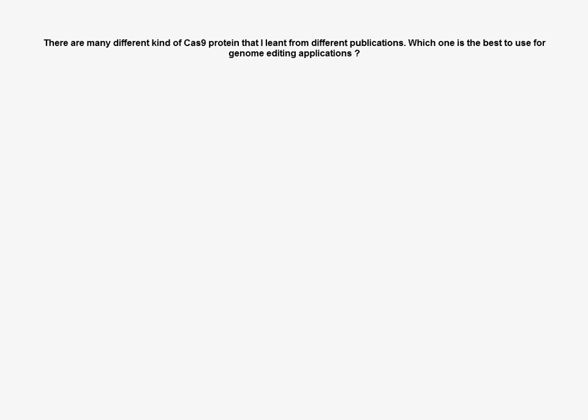Right. So there's been some literature out recently, identification of new species of Cas9, and it remains unclear whether the new ones have much of an advantage over the strep pyogenes. There's around 30 different species of Cas9 identified so far, and a handful have been identified as being somewhat functional.